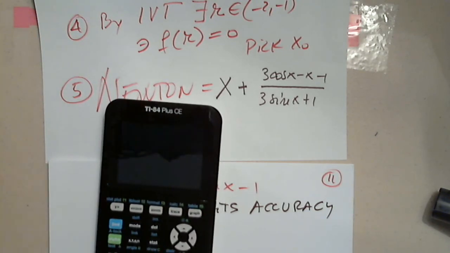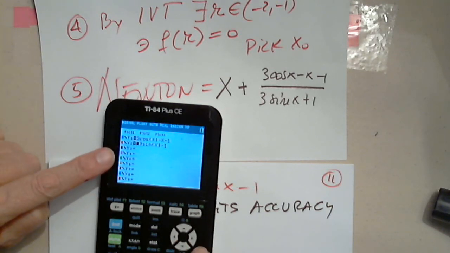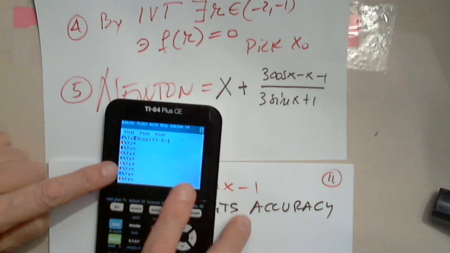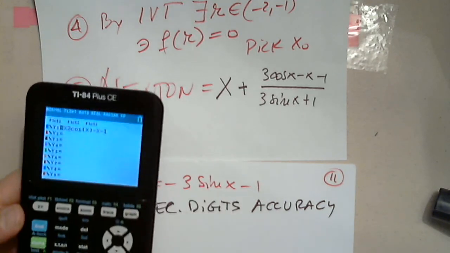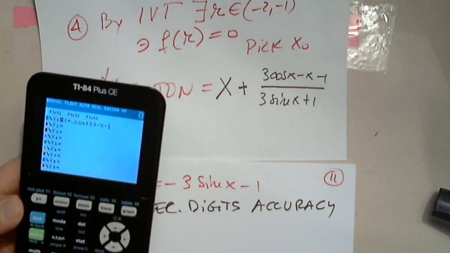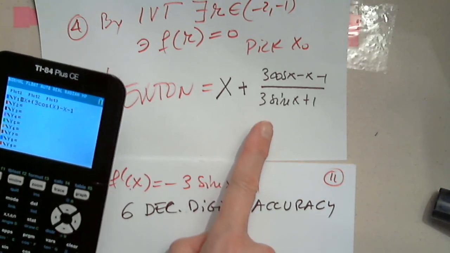Next step. In y equals, you can delete the derivative, the second one, but do not delete the first one because I have to start with x. So insert, second and insert x, and then plus. Don't forget to put parentheses around the numerator.